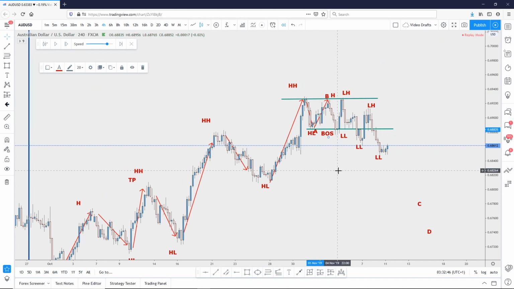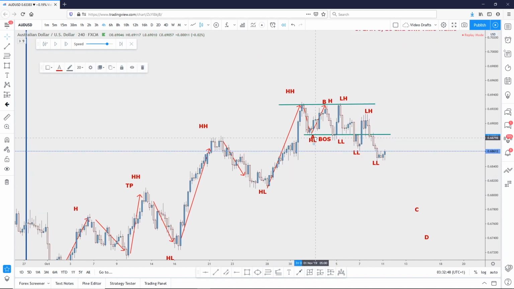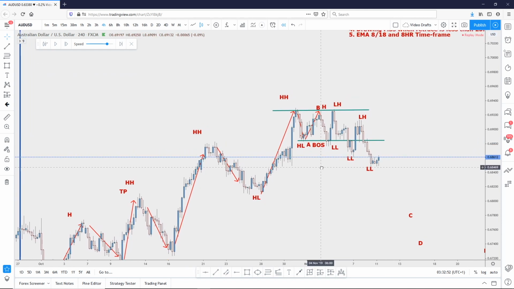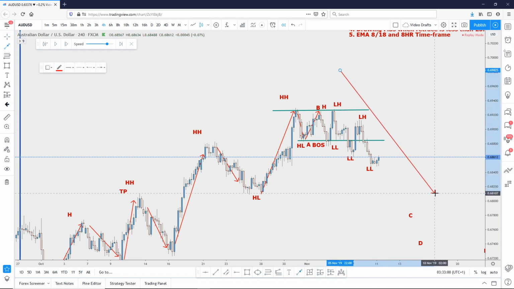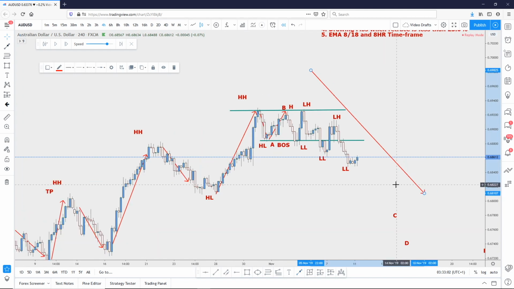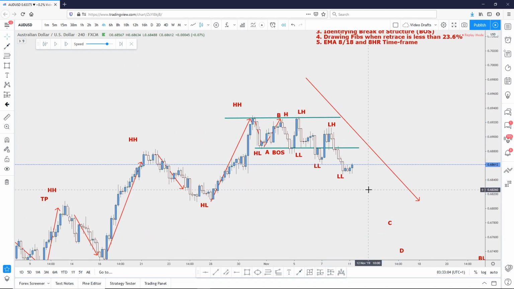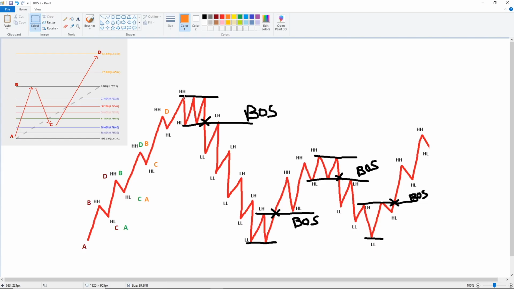And when we identify a break of structure, that's when something has changed, and that something is possibly a trend direction change. So now we're possibly going to start looking for a downtrend, and then we start trying to see how we can join the downtrend.